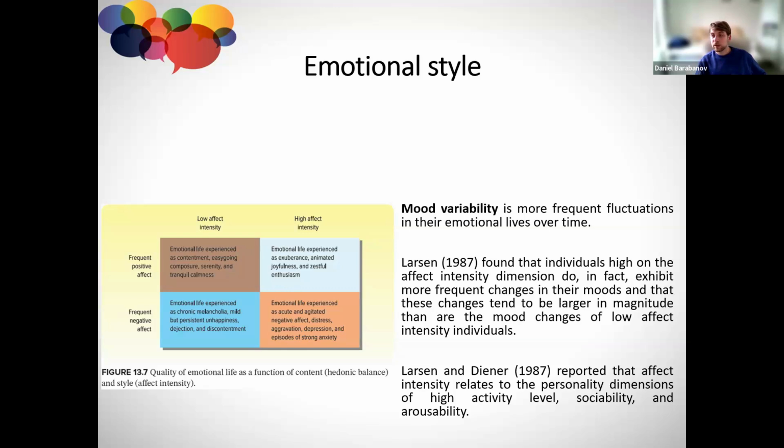Those characteristics contribute to your emotional style. For example, people who score low on affect intensity experience mild emotions, and with frequent positive affect they can be very easygoing. Right? They're mostly positive, but their positivity is not that strong. They're kind of chill and calm, and it's easy to deal with them.